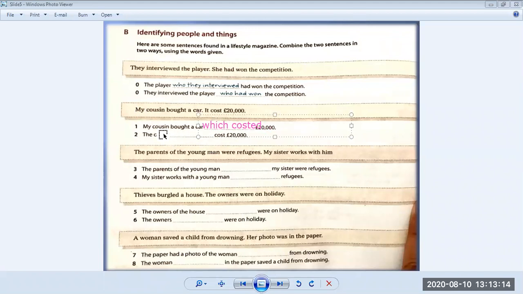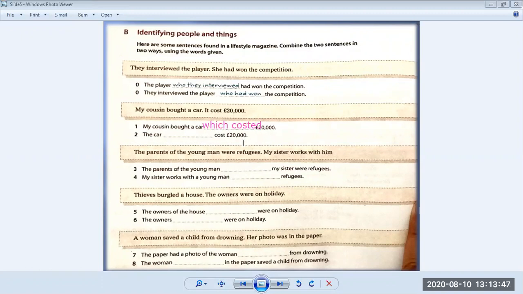But the car, now that I'm talking about the car, the car who my cousin bought. Sorry, hold on. Let me see my sentence again. The car cost 20,000.